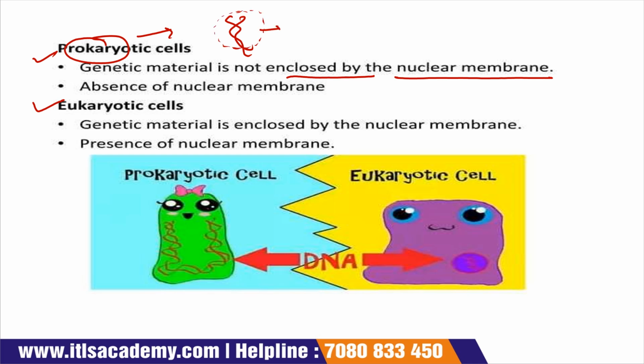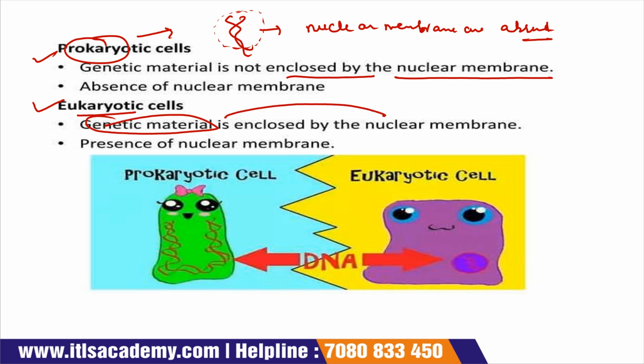The nuclear membrane is absent. But in eukaryotic cells, the genetic material is enclosed by the nuclear membrane. Suppose that this is our genetic material and now it is enclosed with the nuclear membrane.